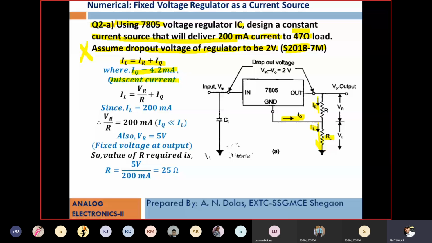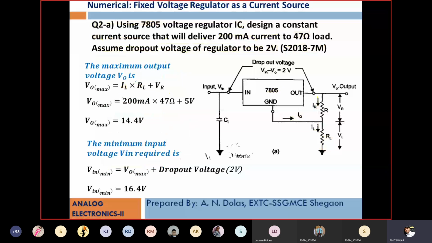Since IL is 200 milliampere and very much greater compared to IQ, we may write VR upon R is equal to 200 milliampere. Also, VR is equal to 5 volt, because the IC is 7805, fixed output at the output terminal of 7805. So the value of R is 5 volt divided by 200 milliampere, it comes 25 ohm.